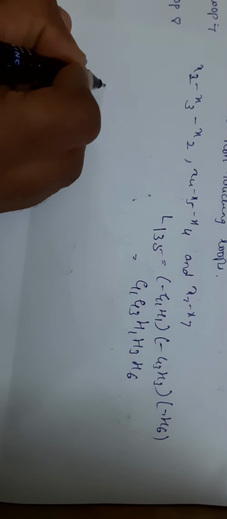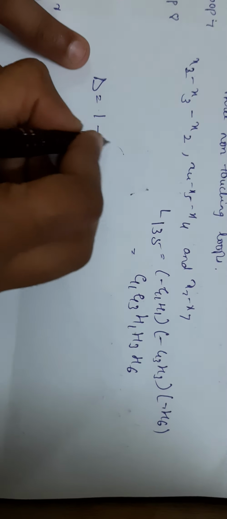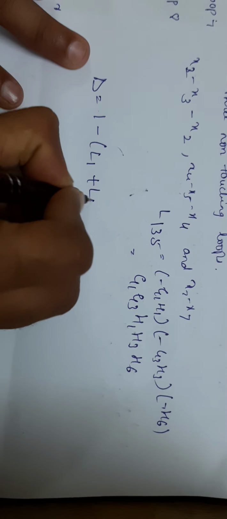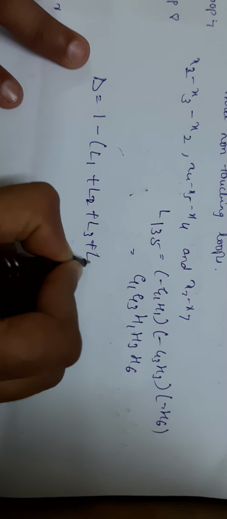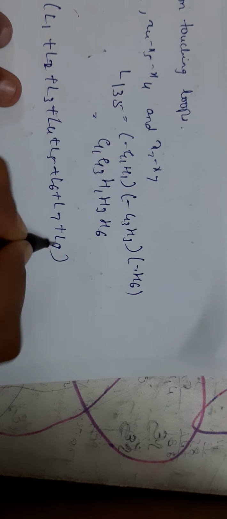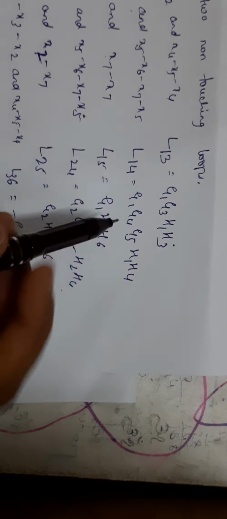We have to see 2 non-touching loops and 3 non-touching loops. Okay, we have considered this one. So our delta will be 1 minus, how many loops will be there? L1, L2, L3, L4, L5. How many loops are there? 8 loops are there, L5, L6, L7 plus L8, plus how many 2 non-touching loops are there? 1, 2, 3, 4, 5, 6 and 7 non-touching loops are there.